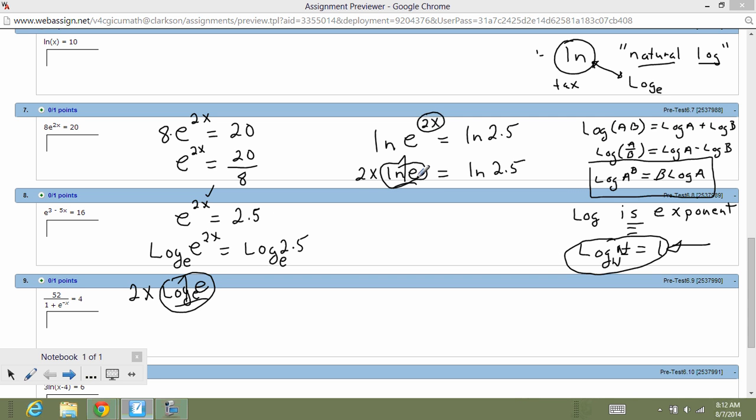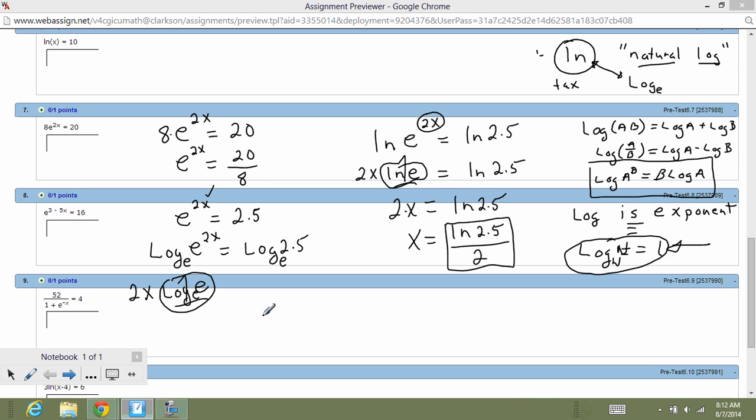So now with 2x equal to the natural log of 2 and 5 tenths, all we have to do is take our multiplied 2 and divide by it. We get natural log 2.5 divided by 2. There's the answer you put in your answer space using the math pad.